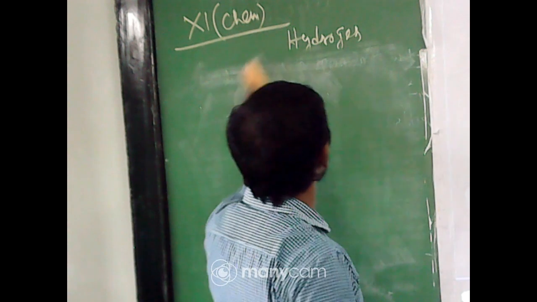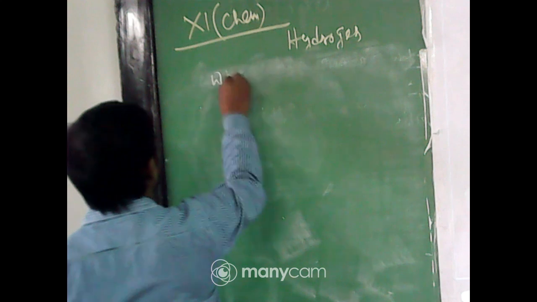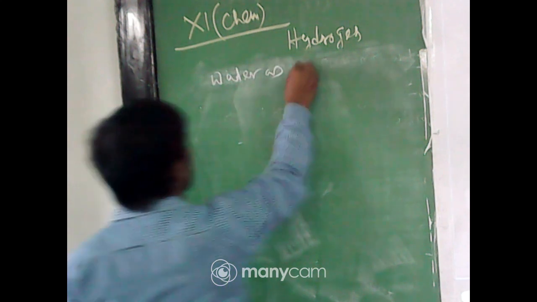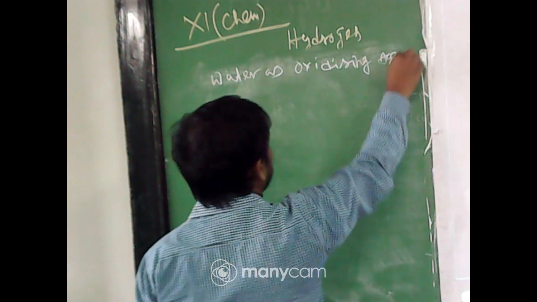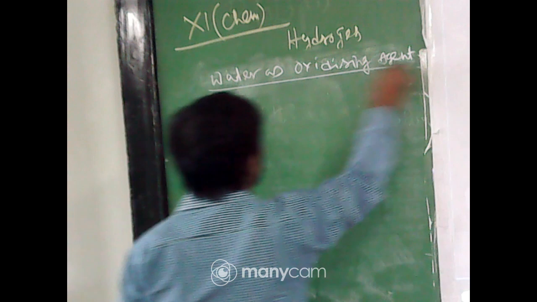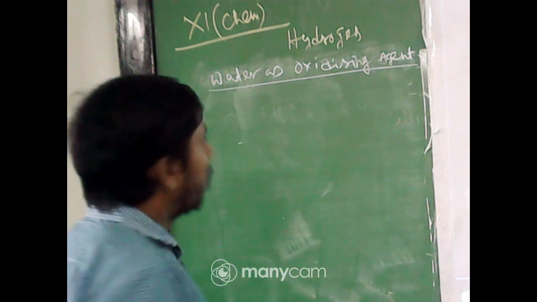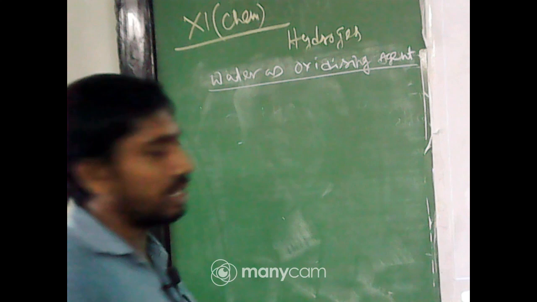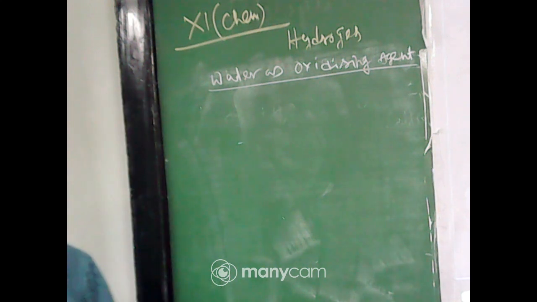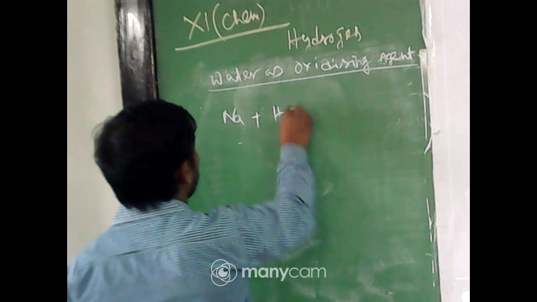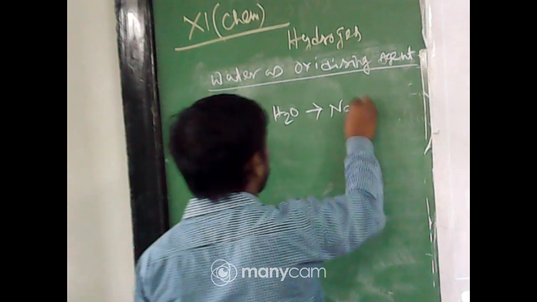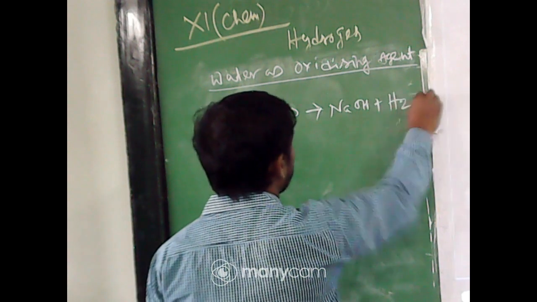Water as an oxidizing agent: when water acts as an oxidizing agent, it reacts with an electropositive element, suppose Na plus H2O, forming NaOH plus hydrogen, as we know the reaction.